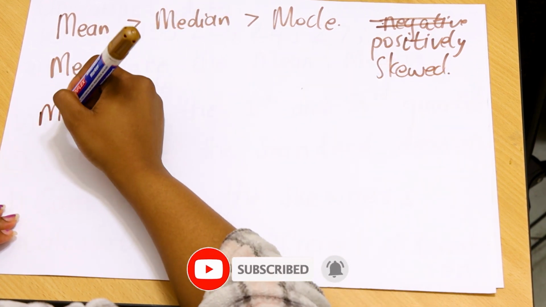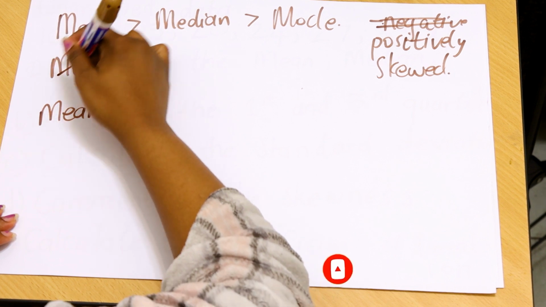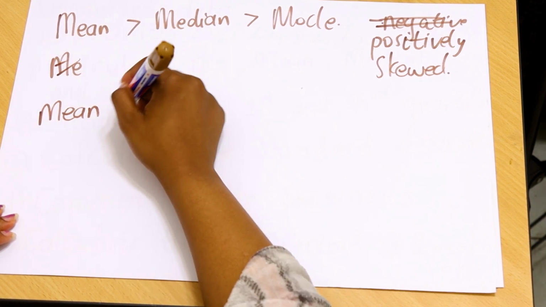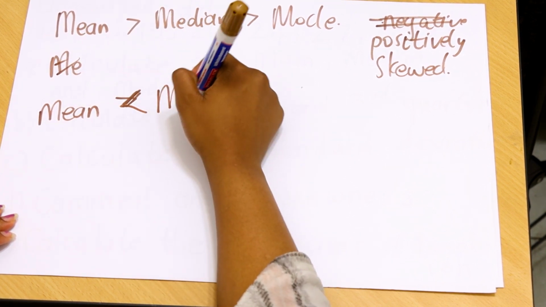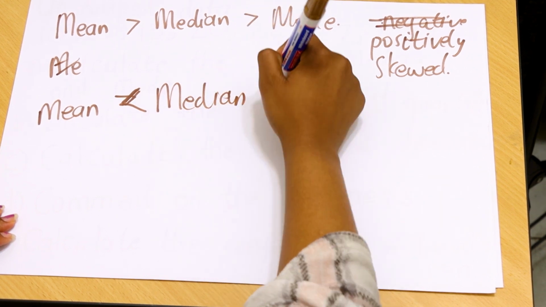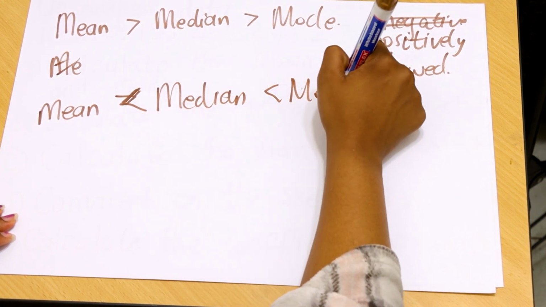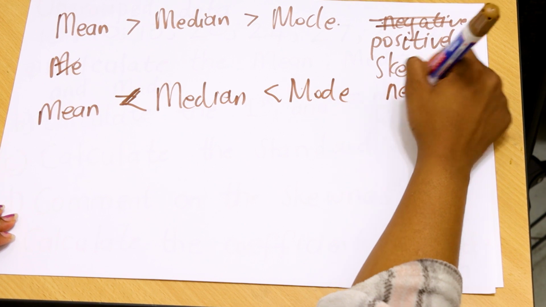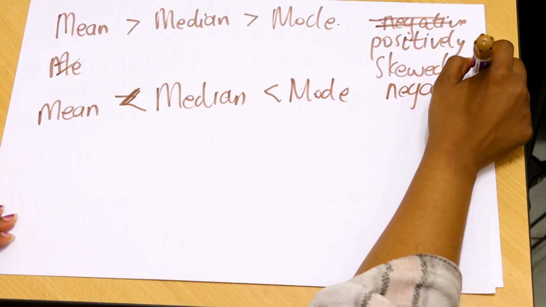But if the mean is less than the median and the mode, you have the case of negatively skewed.